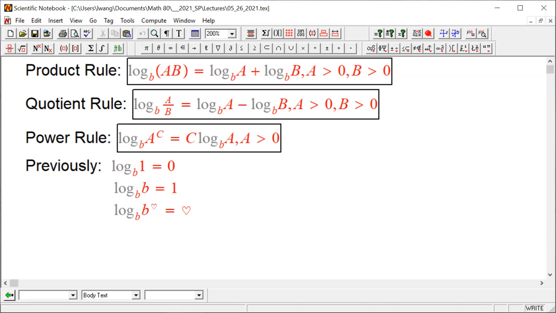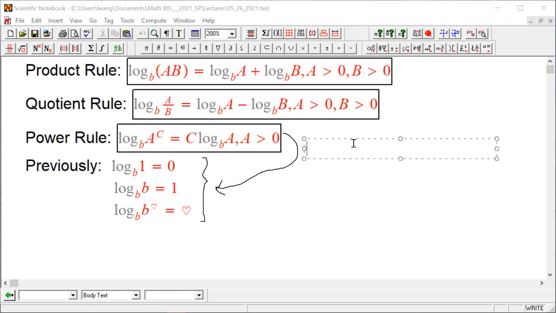Okay, so let me draw a picture. All of these are being covered. It covers those previous cases that we have studied.